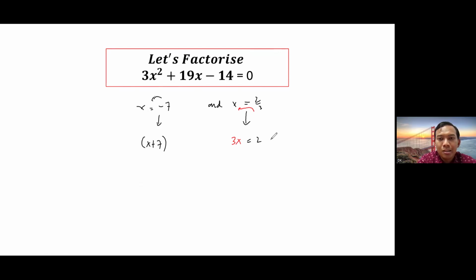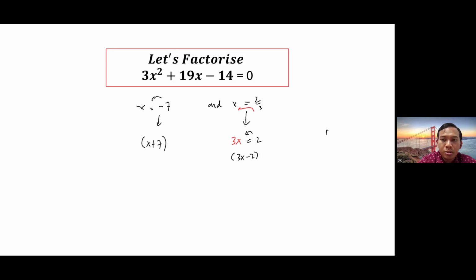Once you get this, just bring it over as usual, and you get your bracketed form, as we learned in the previous chapter, 3.4, factorize. This is the real one that we need, the bracketed expression to represent your factorized form.